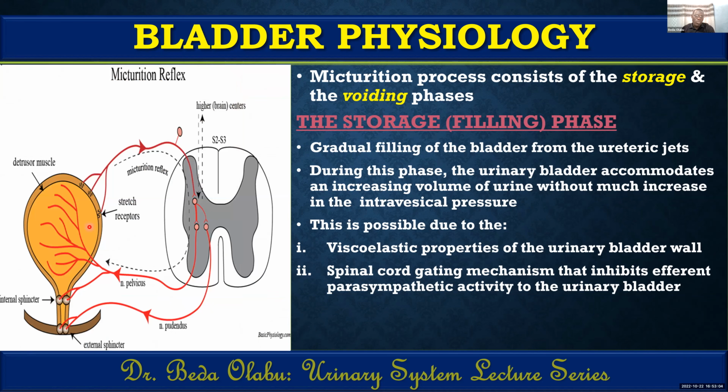Those reflexes operate between the spinal cord and the urinary bladder. So in this image, we can see perhaps that there are some stretch receptors which have detected distension. If the distension is not that much, when that enters, ideally, this should cause a reflex contraction by the pelvic parasympathetic outflow.